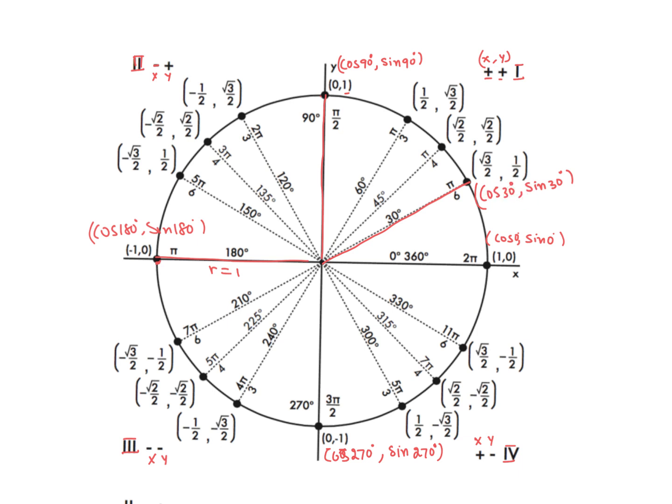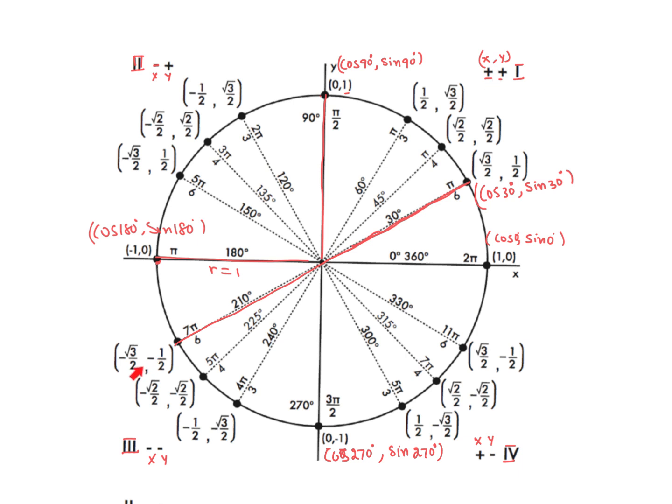Once you do this, you can make this whole line and take this line across, and you can see that on the other side this is again square root 3 over 2 and 1 over 2. The only difference is that here both of them are positive, because in quadrant 1 x and y are positive.